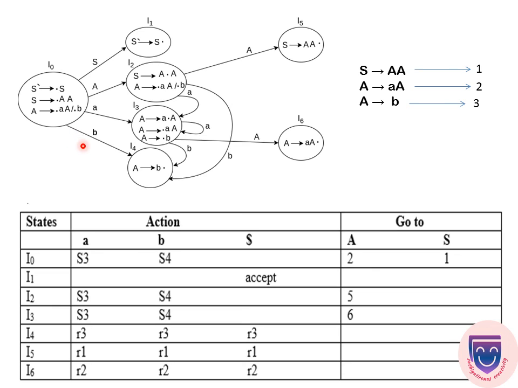I4 contains the final item which derives A, that is A tends to B dot here, and that production corresponds to production number 3. So we write it as R3 in the entire row. In the I4 row, we are writing R3 in the entire row.